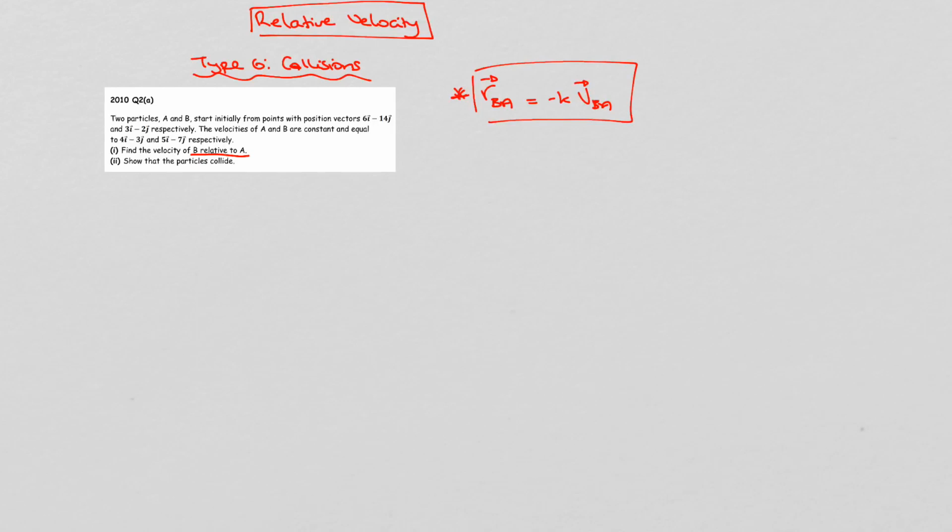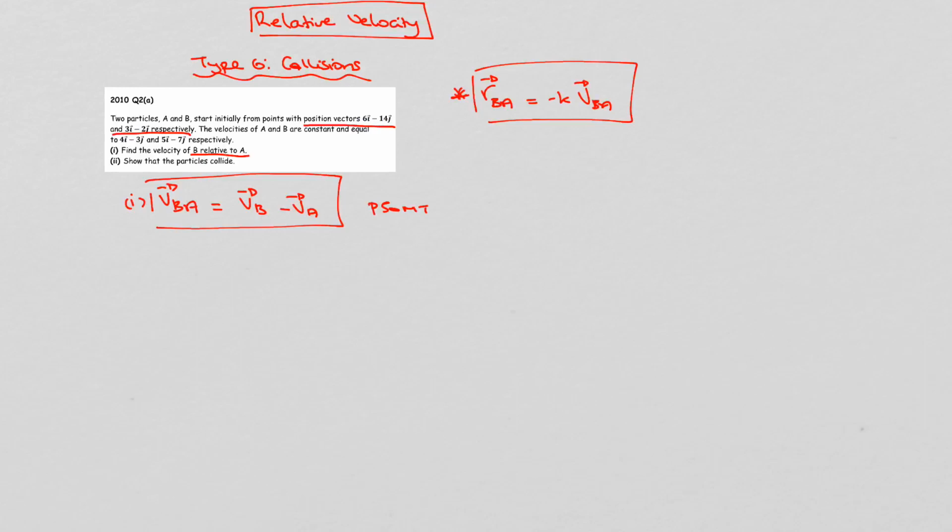So for the first part of the question, however, we're just looking for the velocity of B relative to A. So that means I need the velocity of B minus the velocity of A. And of course, this is in terms of i and j, which is page 50 in our maths tables. So we know that we have two particles initially starting from points with position vectors respectively.